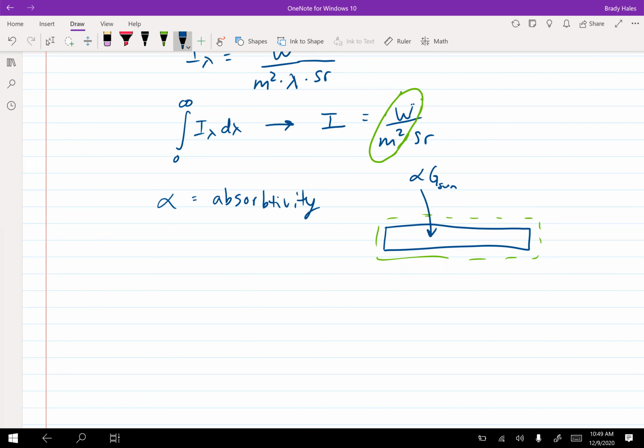So the G sun for the Earth is equal to 1387 watts per meter squared. Now if alpha is 0.8, it's just 80% of that, right? So that's what alpha is saying, that it absorbs 80% of whatever's incident, 20% of whatever's incident.